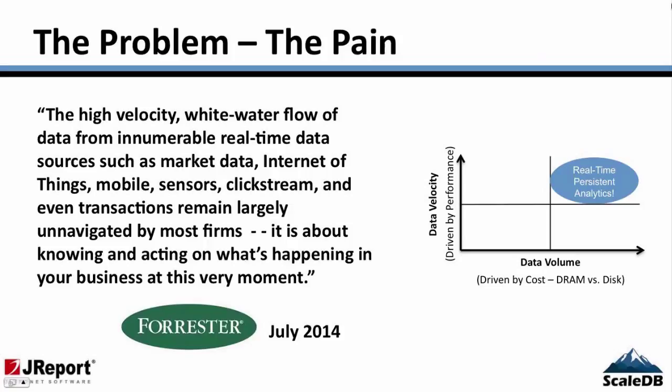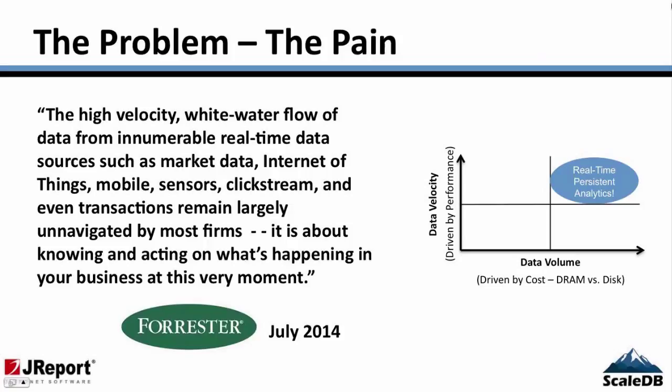And when you get to that velocity of data, it's extremely challenging to deal with it, both on the insert capability and also on the query across that massive data. So that's really what we focus on.